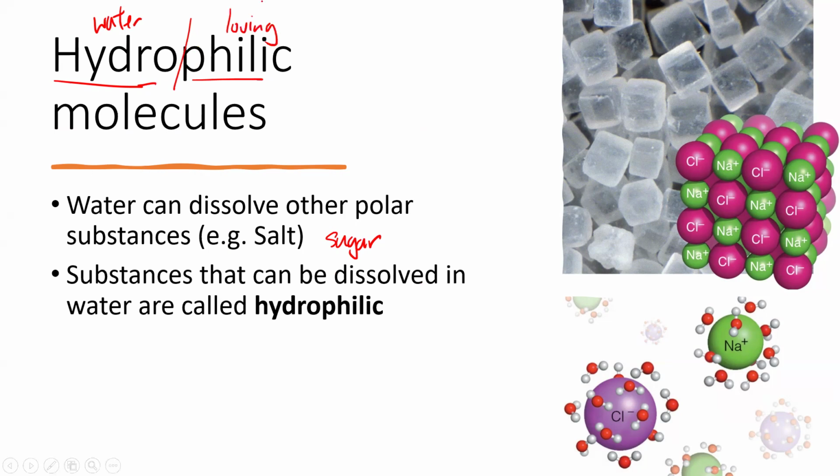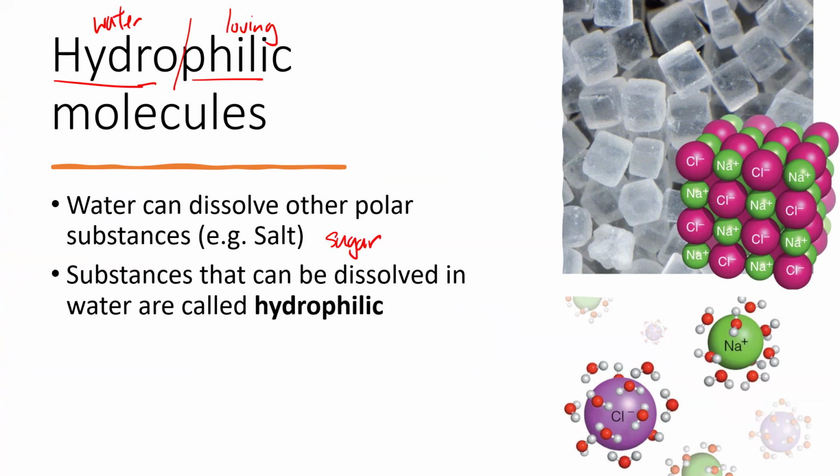Okay? So these are water-loving molecules. Since water is polar, it is able to dissolve other polar substances. Okay? So sugar is polar. Salt is ionic. Ionic is similar to polar, and you can also dissolve them. Okay? And anything that can be dissolved in water is hydrophilic.